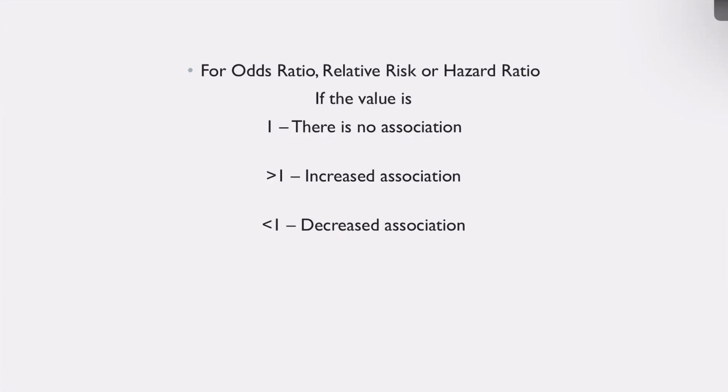So there is really no difference, and that's why there is no association. If it's more, then obviously the numerator is greater, and if it's less, then the denominator is greater. Like that, there is increased or decreased association. So whenever you see a case and you have been given a study where they say the odds ratio or the relative risk is 1, then just remember that study is not significant. Okay.